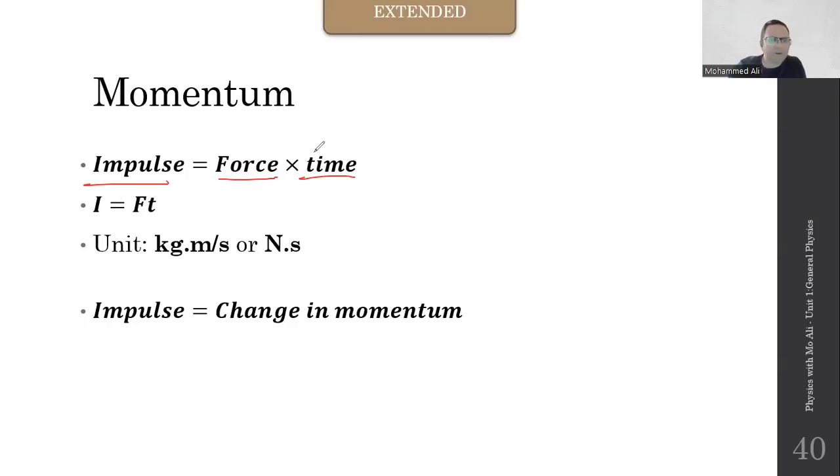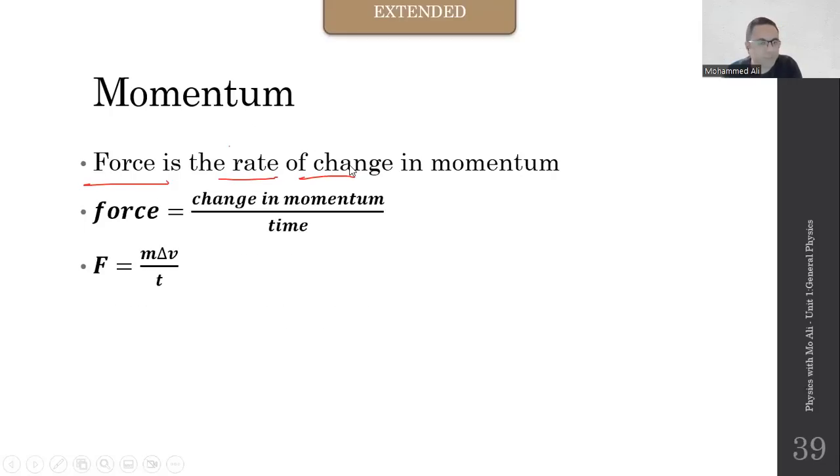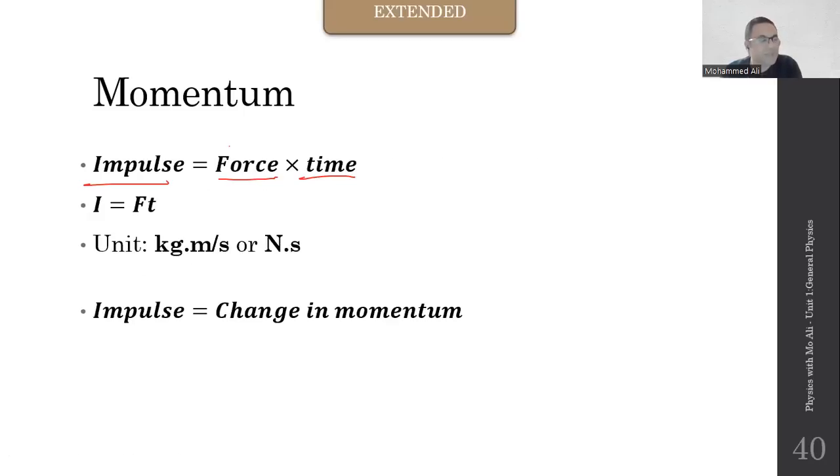But remember, on the previous slide, we defined force as change in momentum over time. But then when we made force times time the subject, it was equal to change in momentum. This means that force times time, which is impulse, is also equal to the change in momentum, which is basically momentum, assuming your initial momentum was 0.